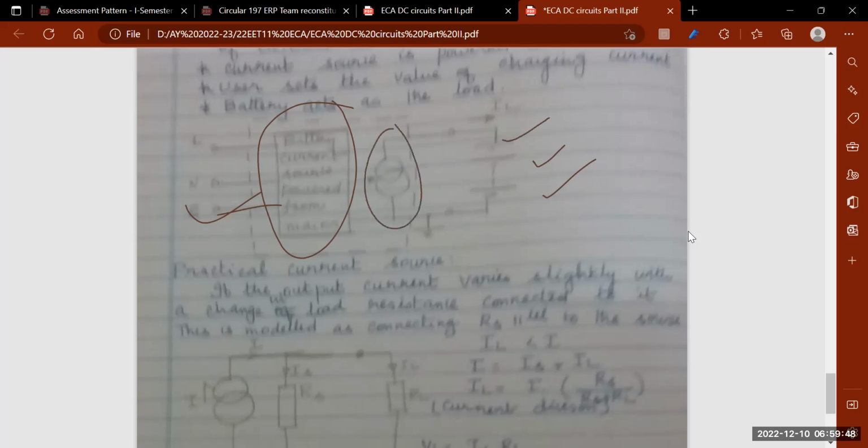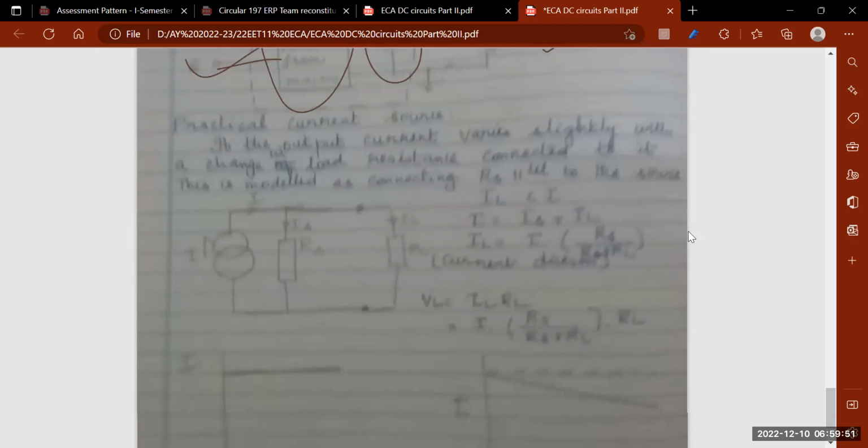Okay. And if I move on to the practical current source, the current received by the load will be less than the source current. For example, current is generally analogous to water flow in a pipe. If the pipe does not have any holes, whatever is taken from the tap will reach my bucket, right?